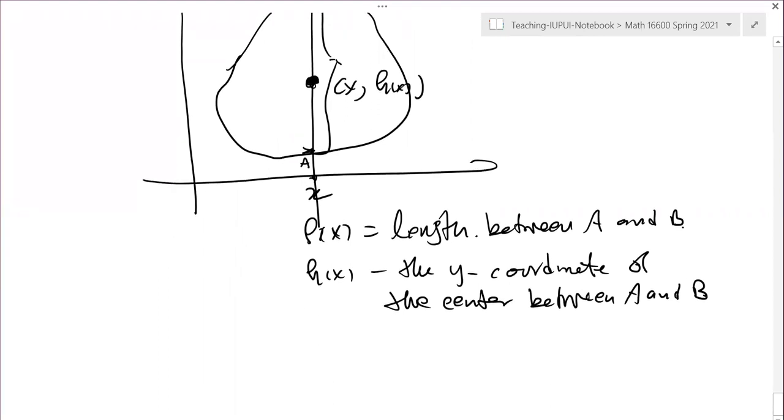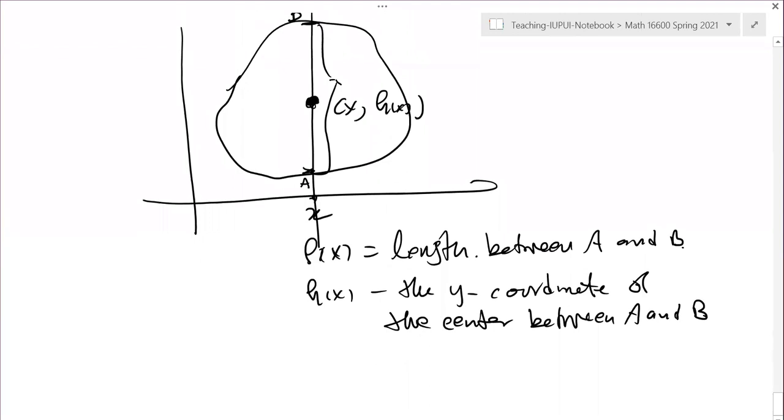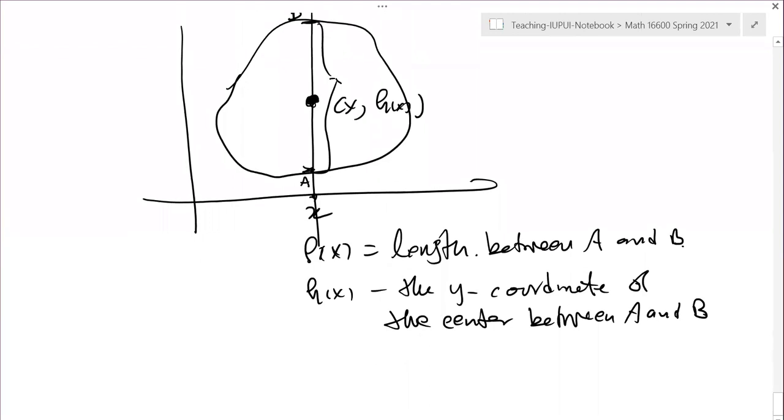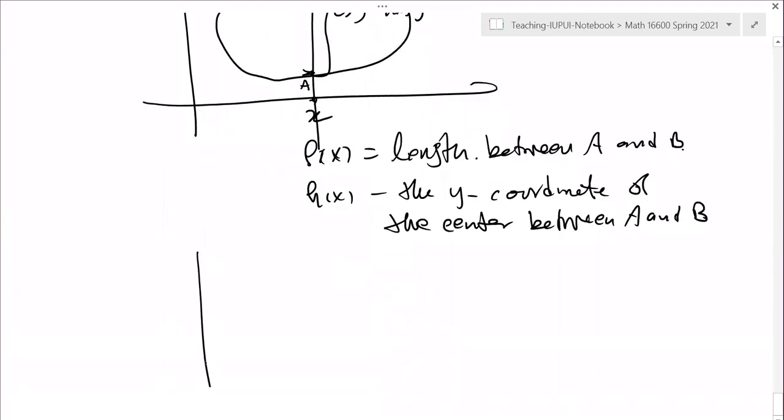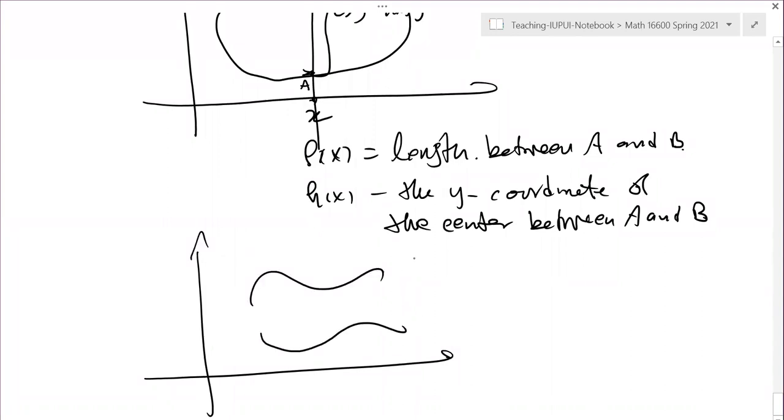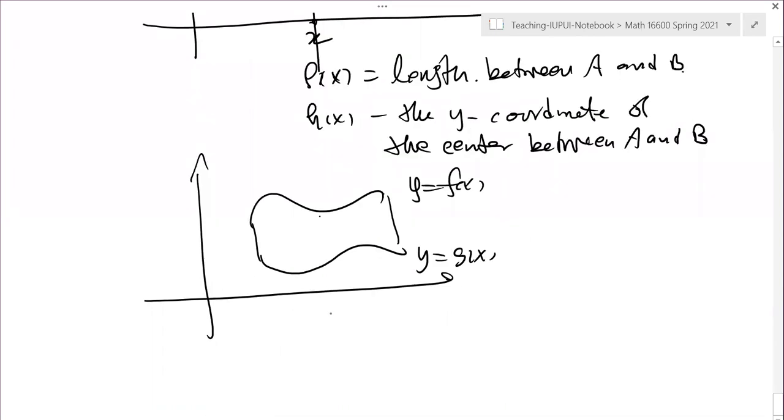So that's it. And if the region is given by these two curves, one on the top is f of x, one at the bottom g of x, right? And it's clear that at every point x, rho of x is the length of this vertical line segment, so just f of x minus g of x.